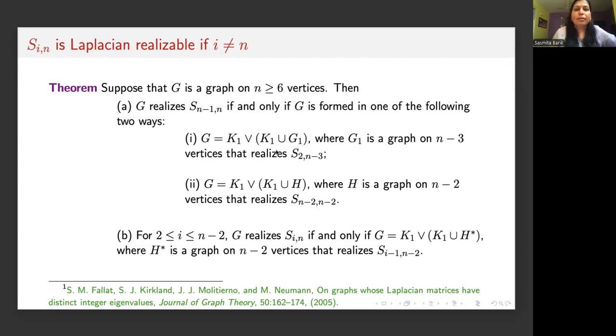Okay, so as I told, this is a recursive construction, and this is for S n minus 1 n. Earlier I told the first result is for S1n.